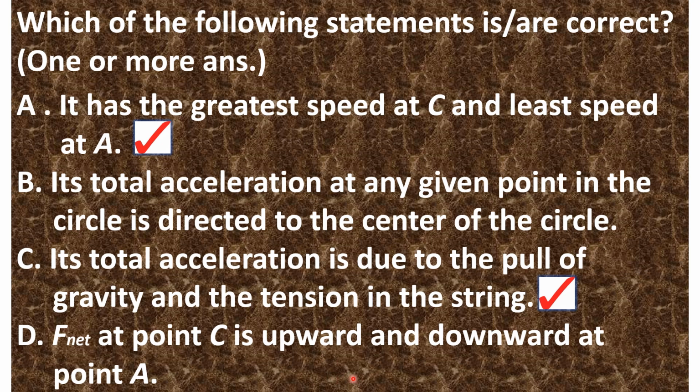Since the tension force, which we labeled in our diagram earlier as T sub 2, is greater than the pull of gravity, then it follows that the net force at point C is directed upward towards the center. So that means this option is also a correct statement.